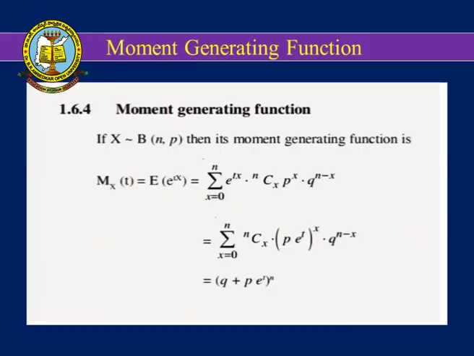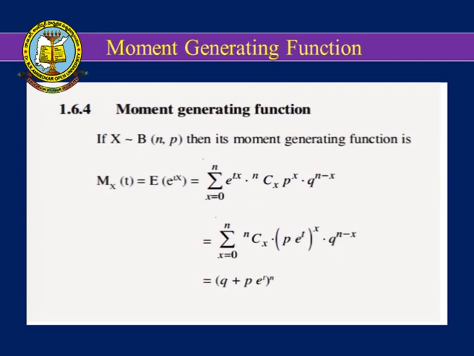Now, the moment generating function of the binomial distribution. We already discussed the moment generating function in the Bernoulli distribution. Now we are discussing the moment generating function of the binomial distribution. Here also, whenever we talk about the moment generating function of the binomial distribution, we will consider its mass function. What is the mass function of the binomial distribution?